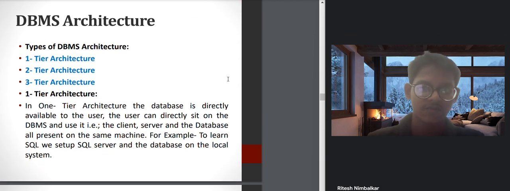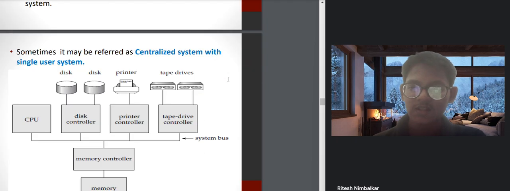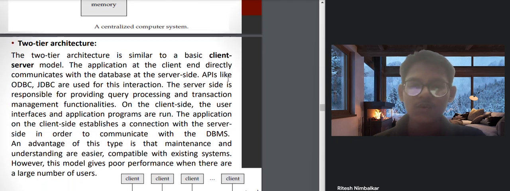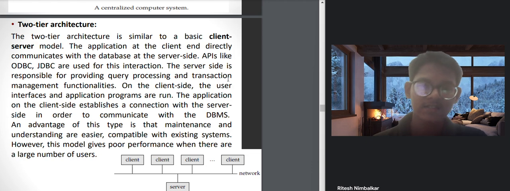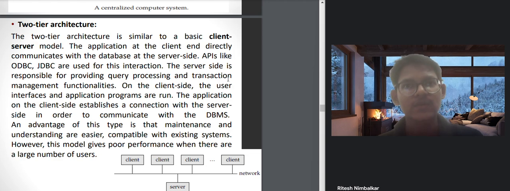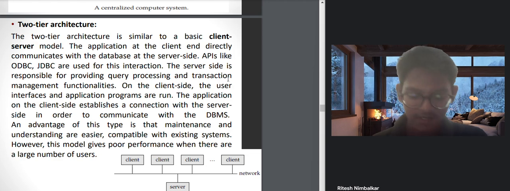There are three types of DBMS architecture. First is one-tier architecture, in which the database is directly available to the user, and she can maintain and change the database. Two-tier architecture has a client and server model, through which the client can communicate to the server, and the server can send the packets of data to the client.